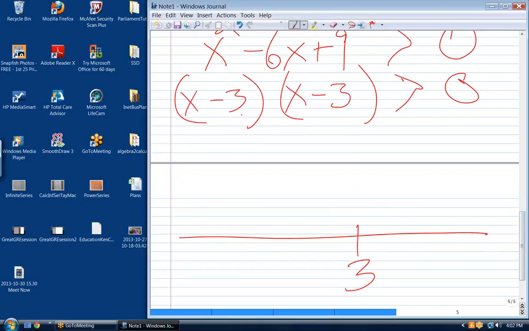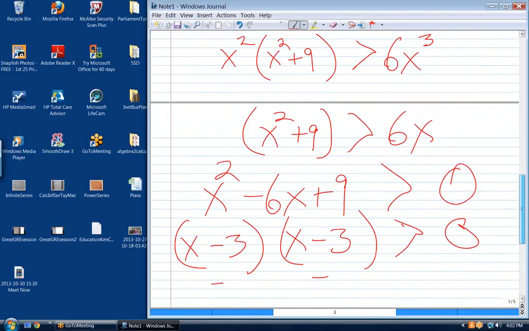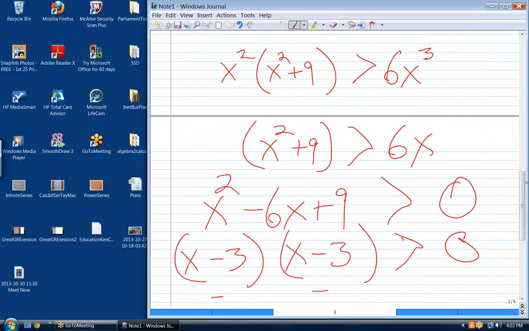If I try 2, negative, negative, gives a positive, because it's two negatives. If I try 4, it would give positives. So what's our solution? All real numbers? Yeah, because it's all positive anyway.